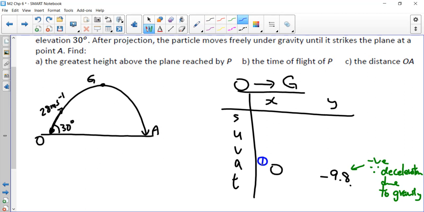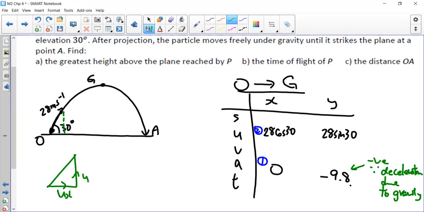Number 2 thing is the u. So ux and uy; we have learned how to resolve the forces previously. ux is 28 cos 30 and uy is 28 sin 30. Where did that come from? Well, if I draw this triangle out, that's my ux, that's my uy.